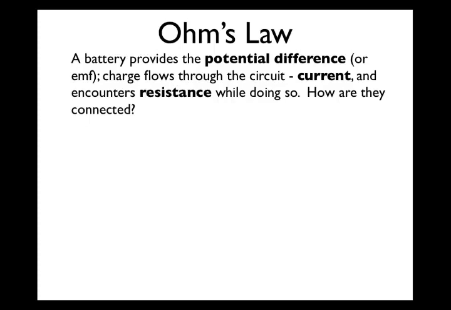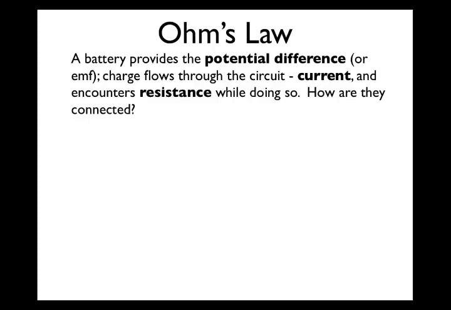Electric charge flows through the circuit because the battery has provided this electric potential difference. Essentially, in my thinking, the battery has forced electrons that used to be spread out throughout the battery over to the negative side of the battery, and that's left an absence of electrons at the positive side of the battery. Those electrons would like to get back to the positive side.